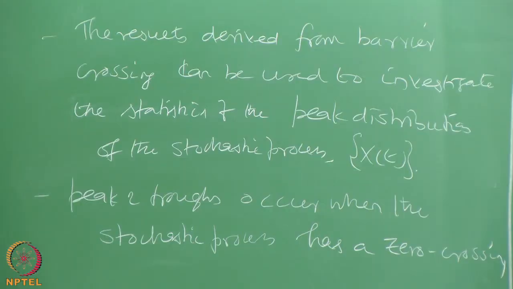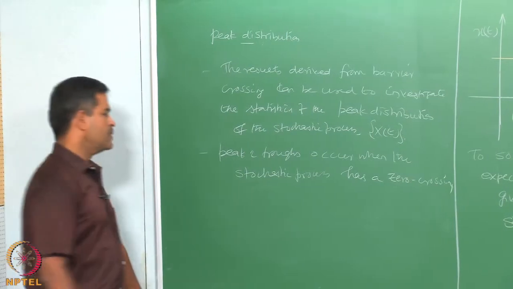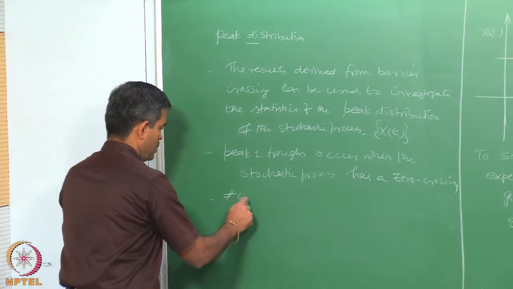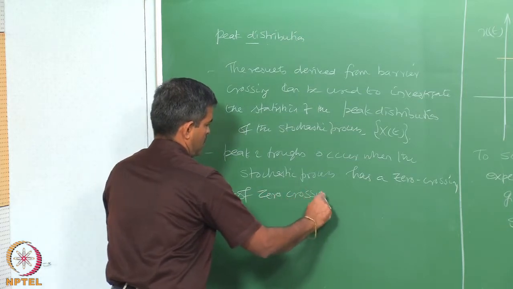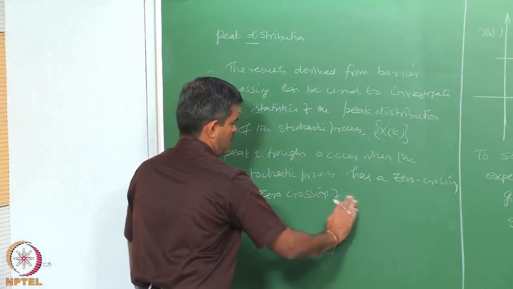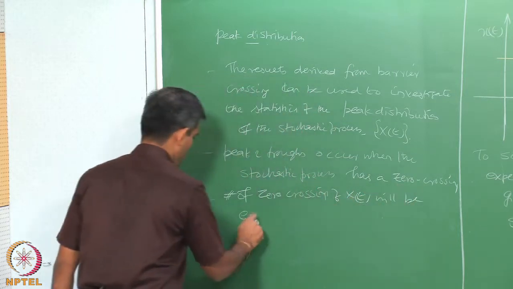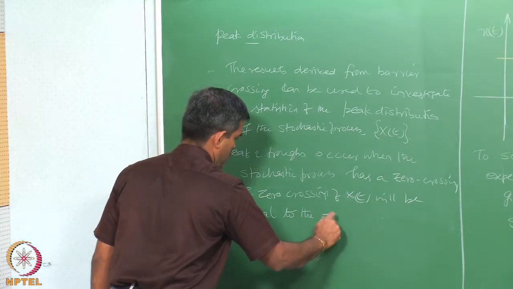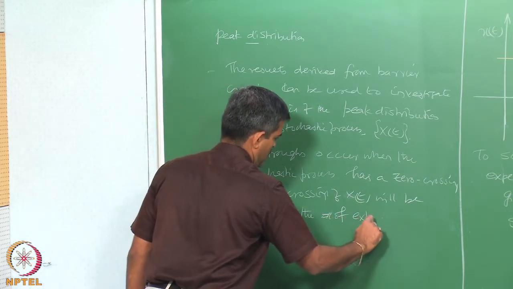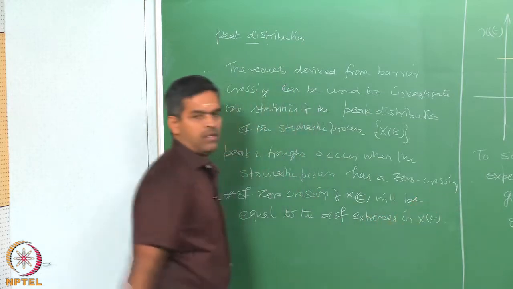The number of 0 crossings of this process is equal to the number of extremes in the given process x of t.